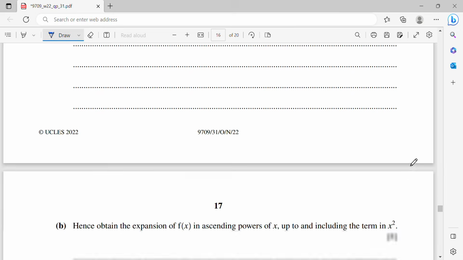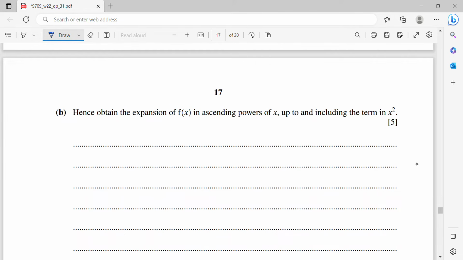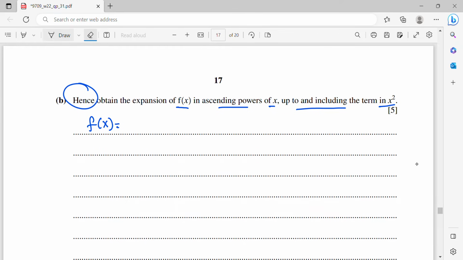Okay, next part. B, hence obtain. Again, hence means use the previous answer. Obtain the expansion of fx in ascending powers of x up to and including the term in x squared. So now I will rewrite. Just now my fx equals to 3 over 1 plus x minus 2 over 2 plus x, then minus 2 over 2 plus x squared.